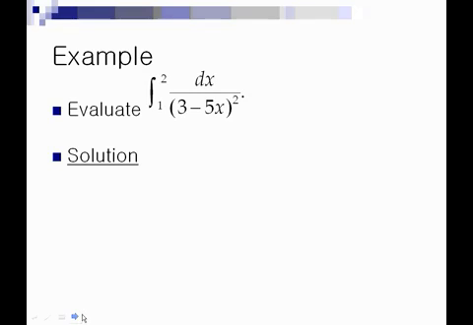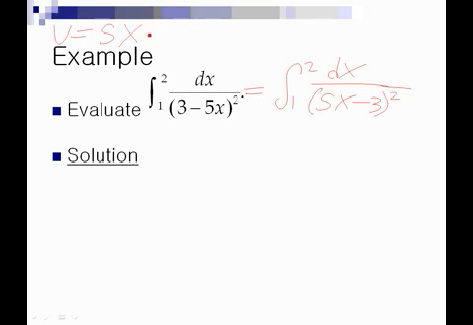Over here again, there's no point in including negative signs, so I'll just do the integral from 1 to 2 of dx over (5x minus 3) squared. I will use u substitution. u equals 5x minus 3, so du equals 5 dx, and dx equals 1/5 du.